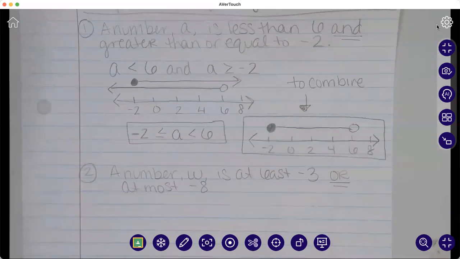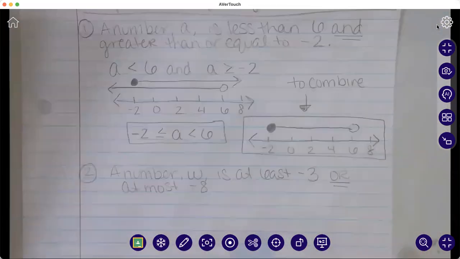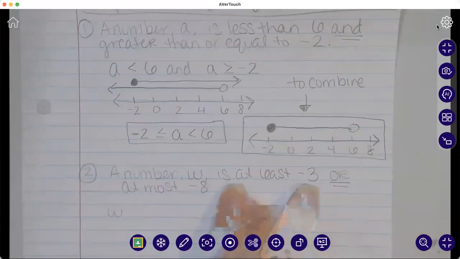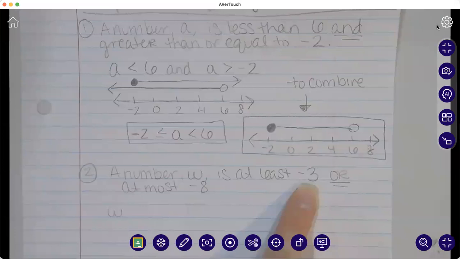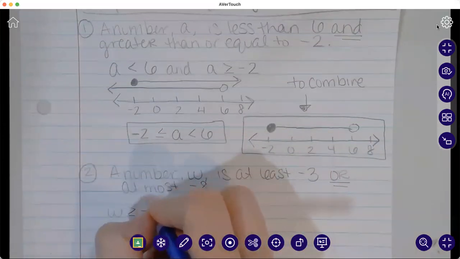Now we have to think about what those words mean. If we go back to thinking about lesson 4.1, remember when we learned about at most and at least. So if a number W is at least -3, that means it has to be greater than or equal to -3.